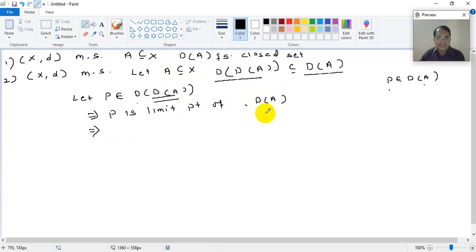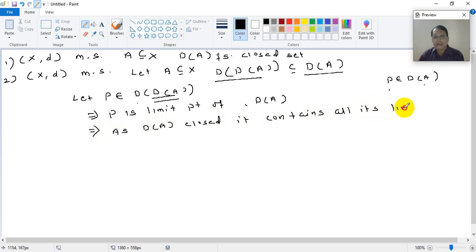But what you know is D of A is a closed set. So when it is a closed set, it contains all its limit points. Whenever you say P is a limit point of DA, by the above theorem we know that as the derived set is closed, as D of A is closed, it contains all its limit points.